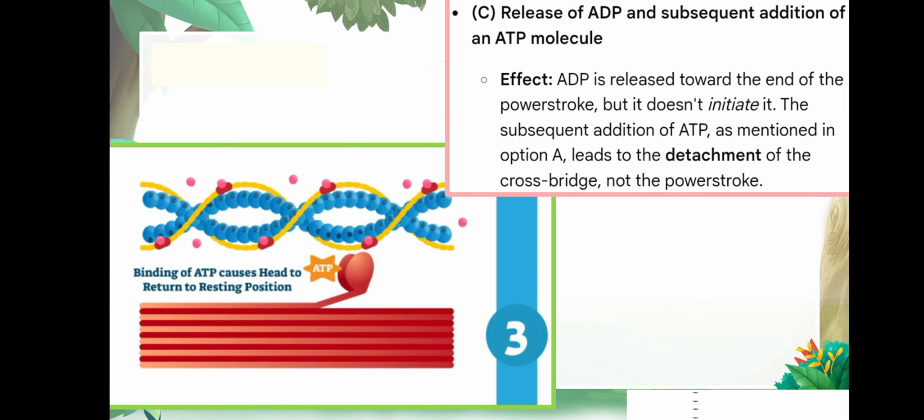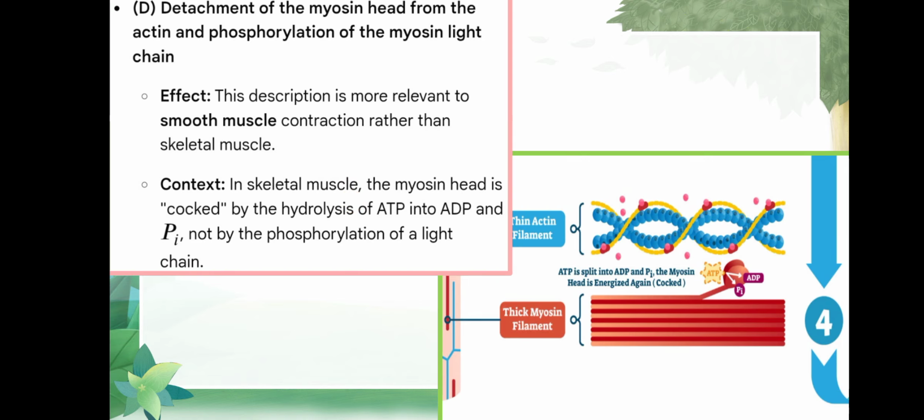So there are three steps. Let's see option D and we will revise it again. Option D is detachment of the myosin head from the actin and phosphorylation of myosin light chain. This description is more relevant to smooth muscle. Phosphorylation of myosin light chain is more related to smooth muscle cells, and we are in the context of skeletal muscle, isn't it?